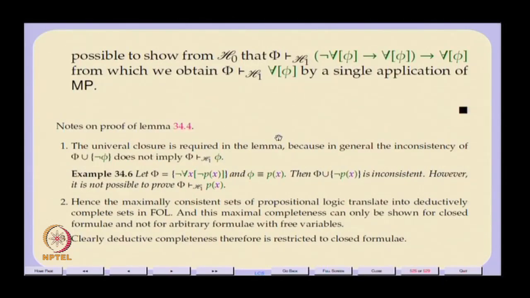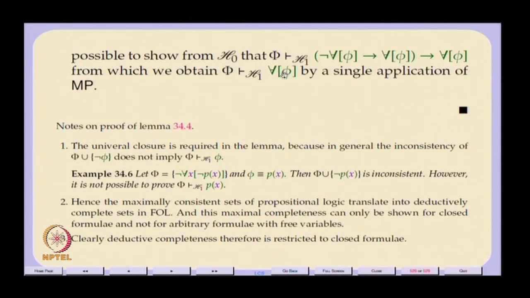Then it is also possible to show, and I should have probably made this an exercise, but I did not, that not psi arrow psi arrow psi is a theorem that you can easily show using one of the derived rules that we have done.